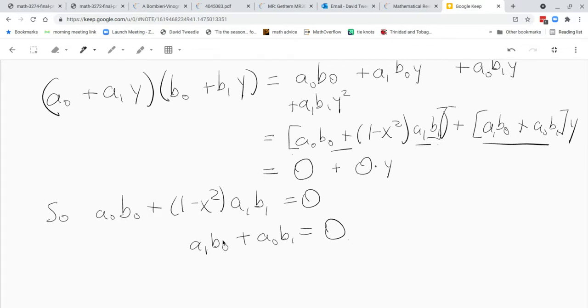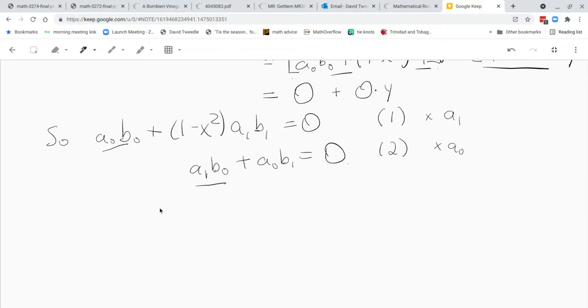Well, this is just like linear algebra or something. Let's try to eliminate this. To do that, let's number these equations: this is 1, this is 2. Let's multiply 1 by A1, and let's multiply 2 by A0. Let's see what happens.